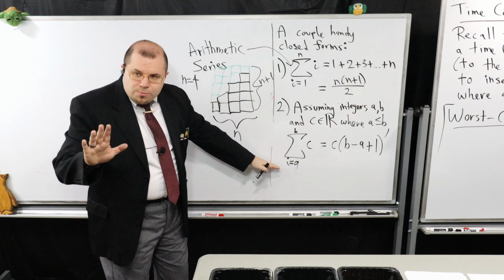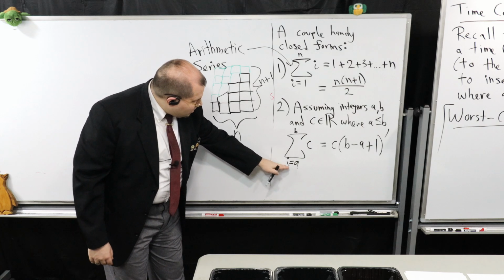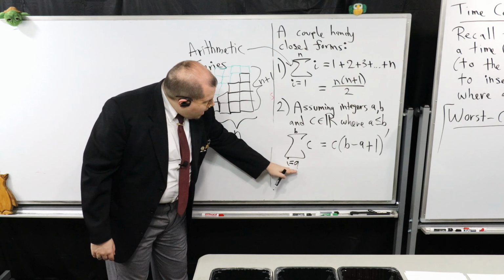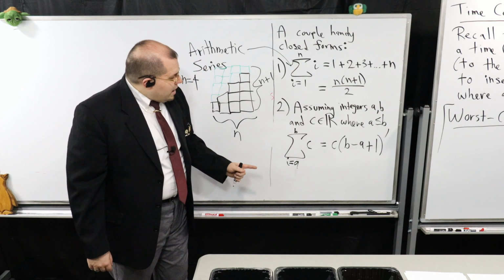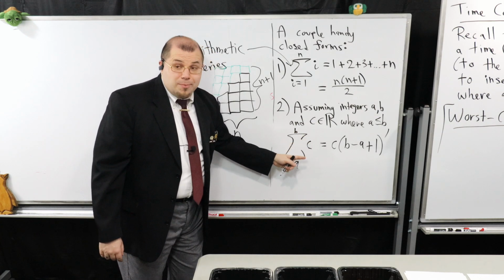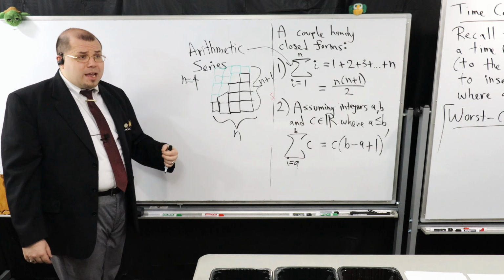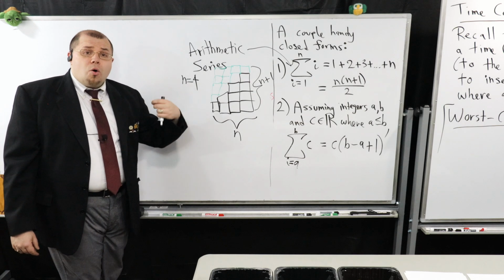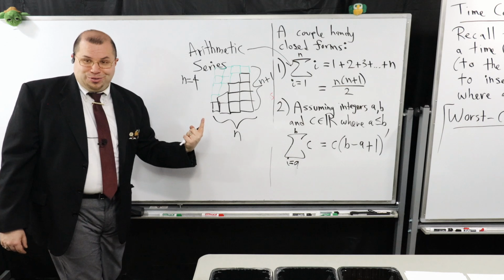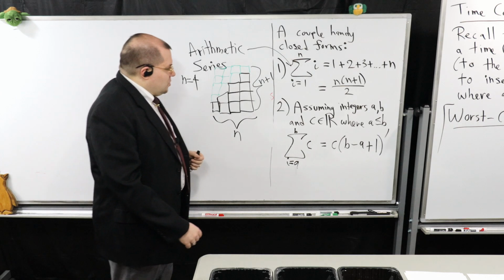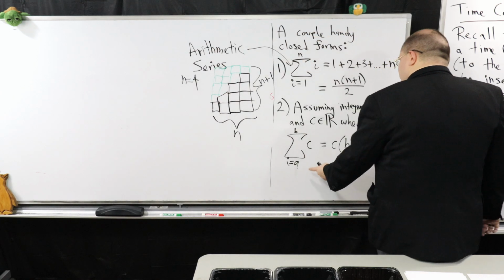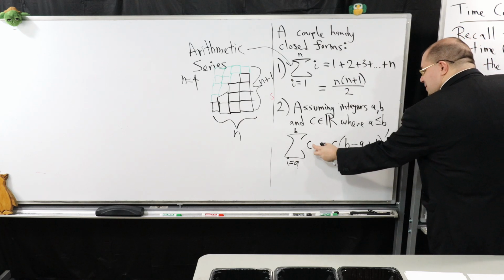So just following the same rules I described with my summation, I start at i equals a, I go up to b, and I'm adding the term c. So keep in mind, very often you'll run into c being some constant term, or it will be 1 usually.